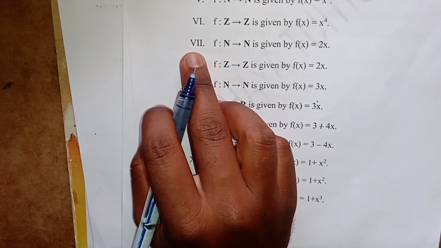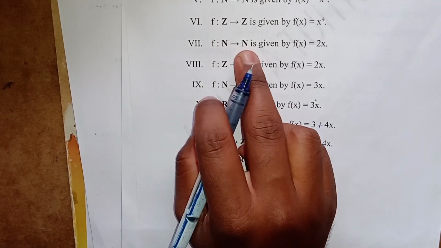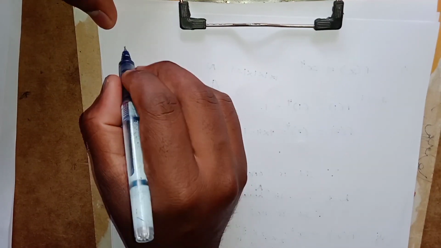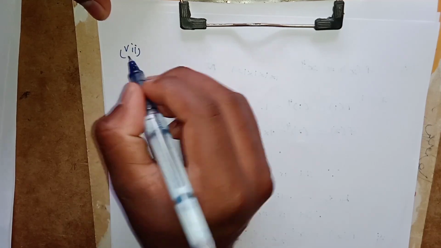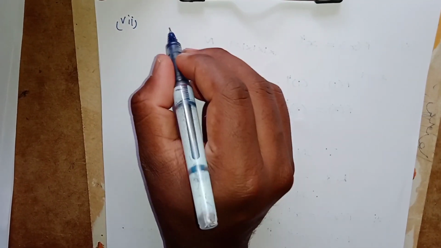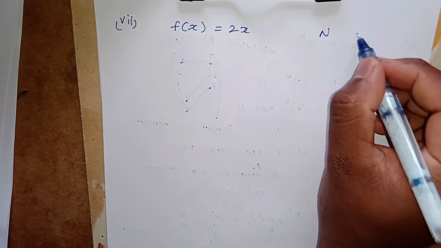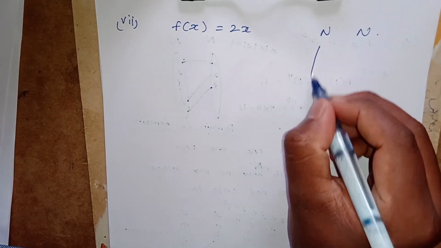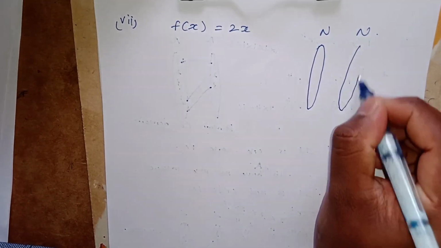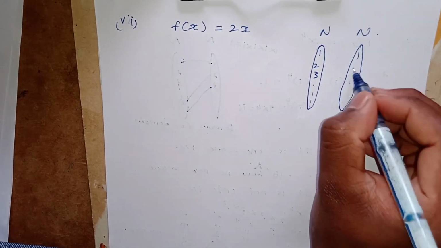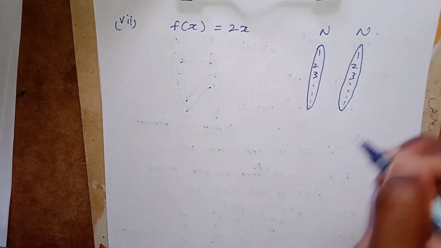Here, subdivision 7, a function from natural numbers to natural numbers is given by f of x equal to 2x. Natural numbers start from 1, 2, 3 up to plus infinity, and here also 1, 2, 3 up to plus infinity.